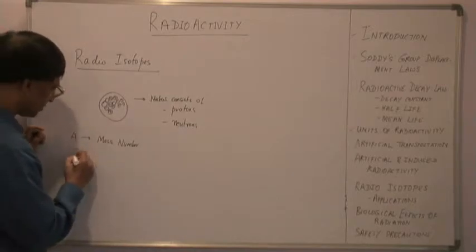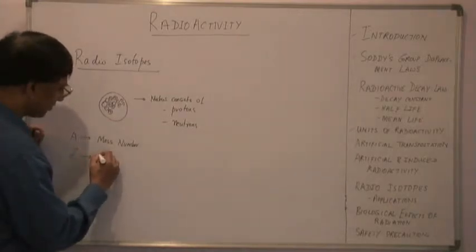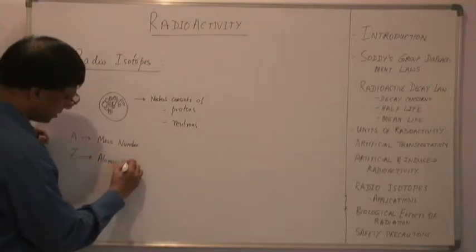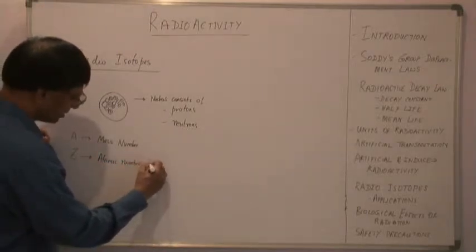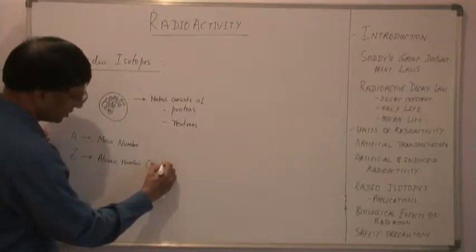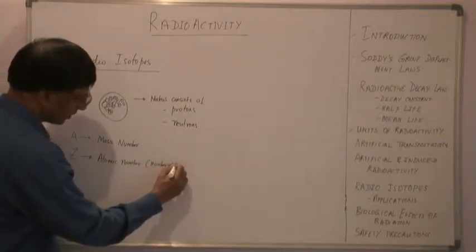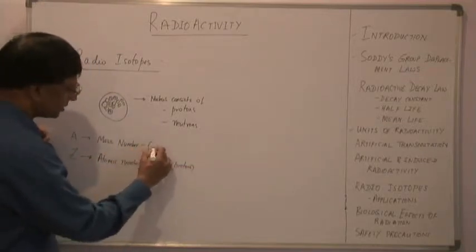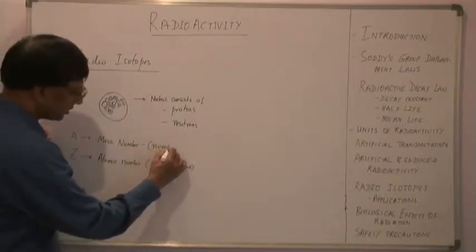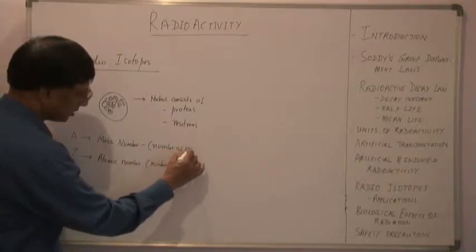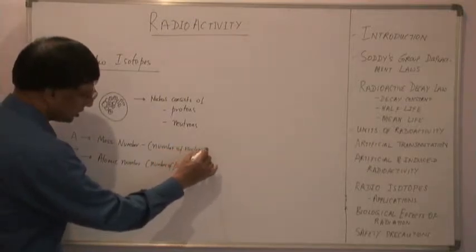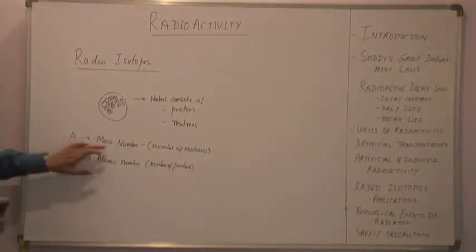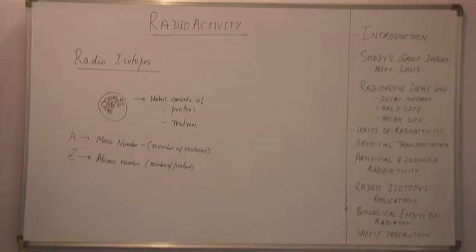We also said that Z stands for the atomic number, which is the same as the number of protons. Nucleon is a common term used for proton as well as for neutron. So A is the mass number and Z is the atomic number.